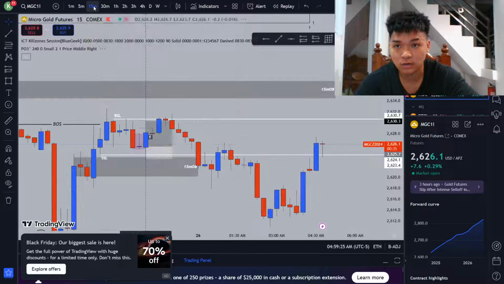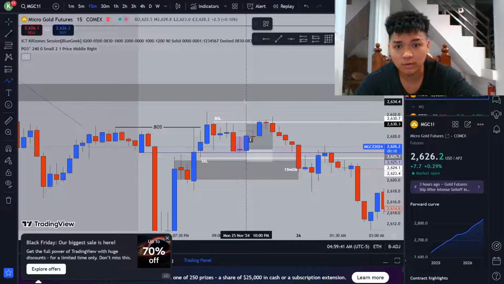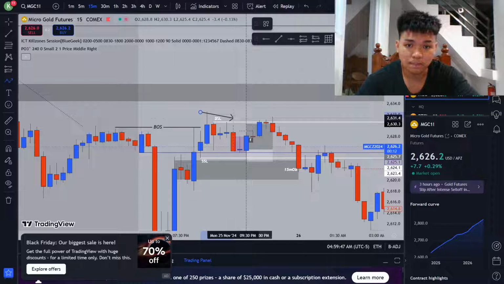It's very clear on the 15-minute or 30. We have a body close right on this candle, and then breaking structure to the upside. With this candle, it rejected a little bit and retraced a little bit and built a consolidation towards the 10 a.m. candle.